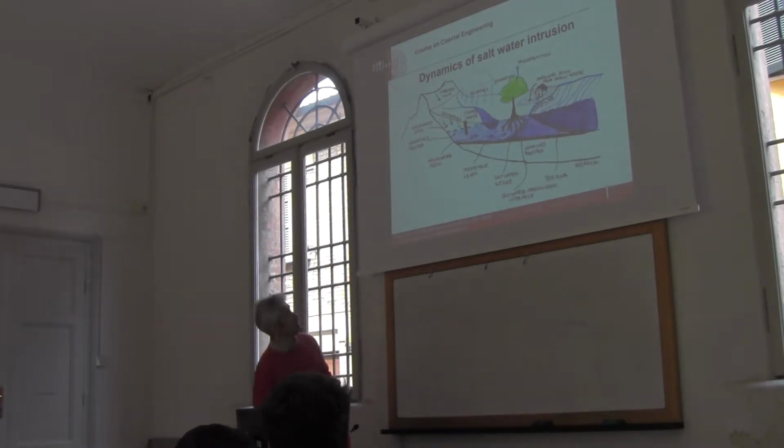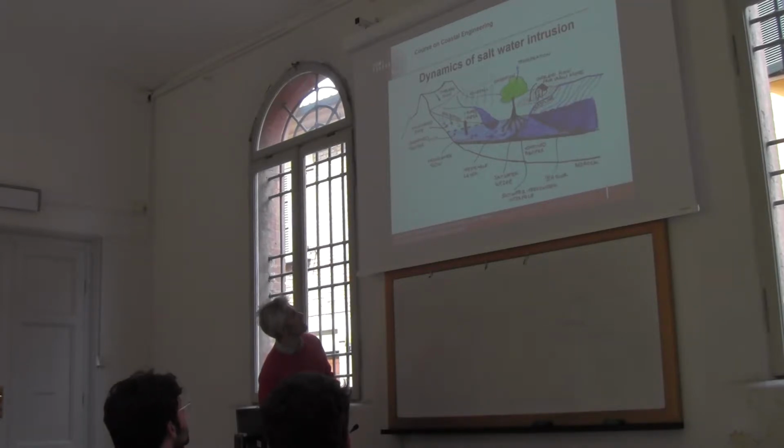Okay, so here you have the tree, and you may have rivers coming down, and here you have a saturated zone, which is below the water table, and here you have infiltration from the mountains, reaching the groundwater body. And the groundwater body flows towards the ocean, the sea.